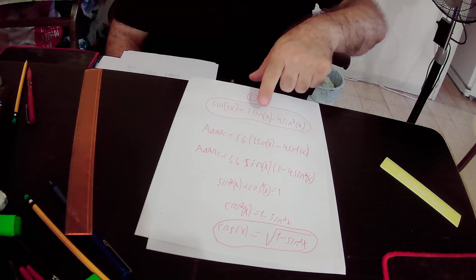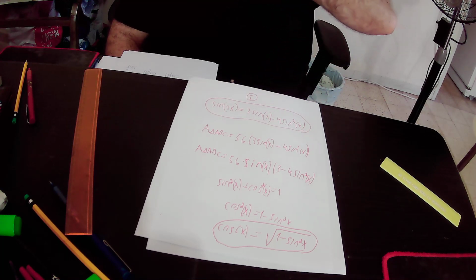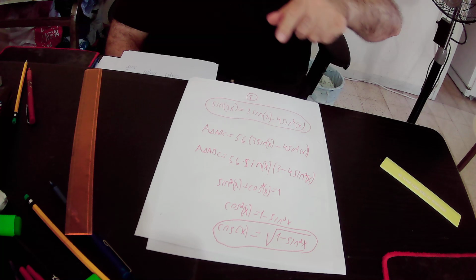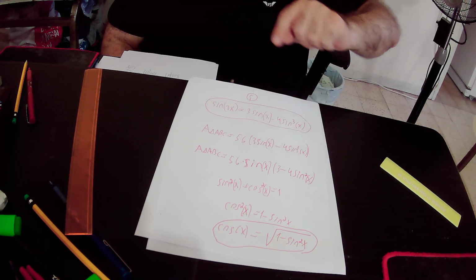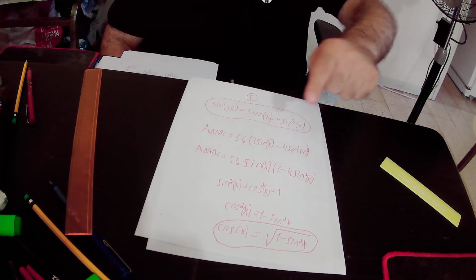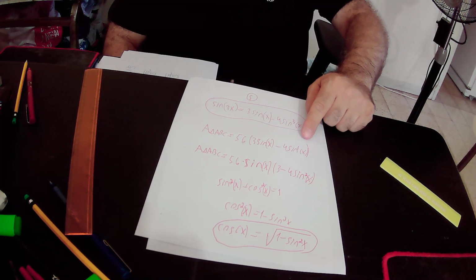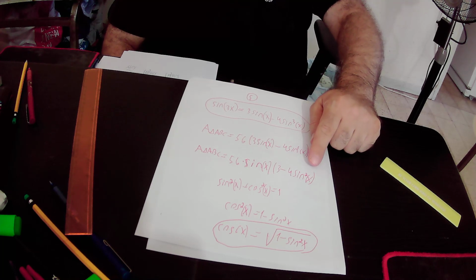Here we took sine x as a common factor of this expression. We took out sine x, and we got inside the brackets 3, and here we took sine x as a common factor, so what is left here is sine x squared.